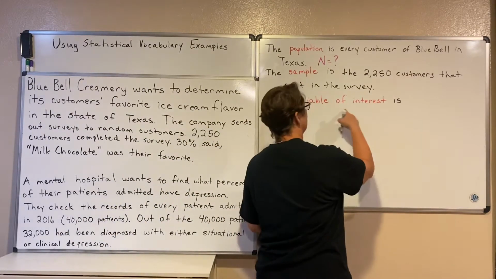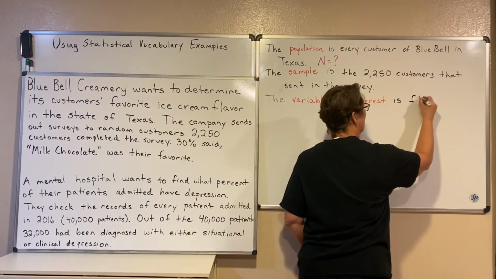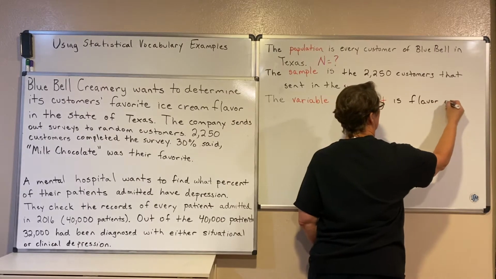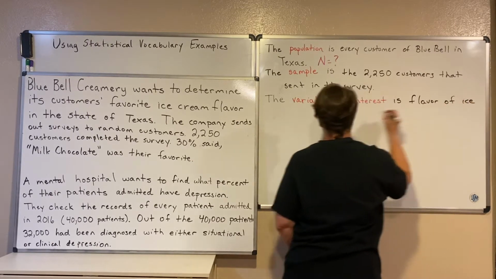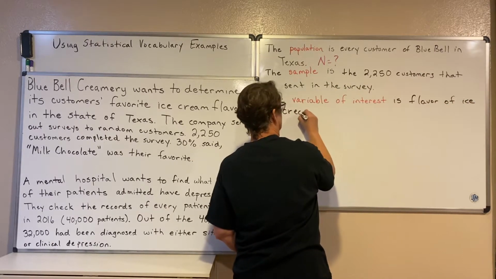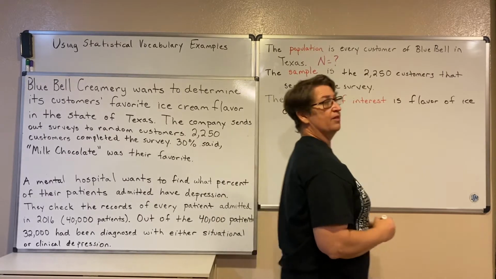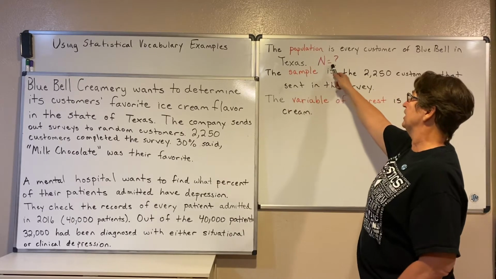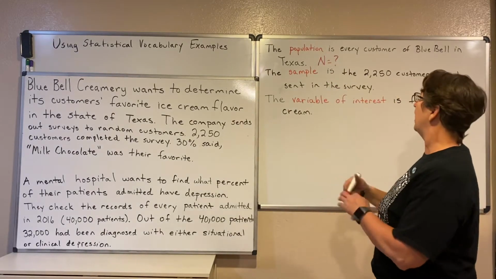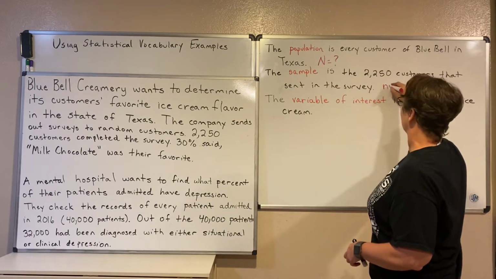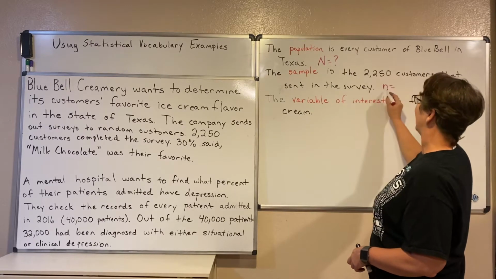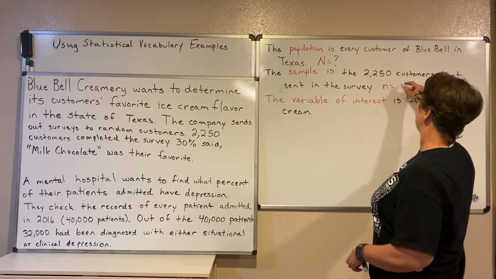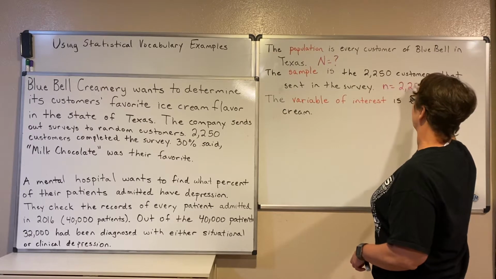So the variable of interest is the flavor of ice cream. Then, by the way, in this case, our capital N we didn't know, but our sample size, our lowercase n, we do know. The sample size is 2,250.